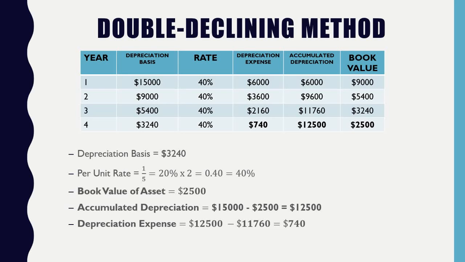All right? Any questions in regards to this concept right here? Okay, so again, when we're dealing with double declining, our depreciation basis will always change. It's going to be our beginning of the year's book value.